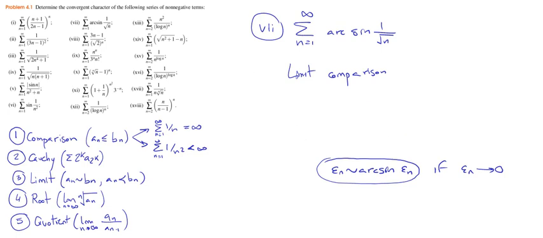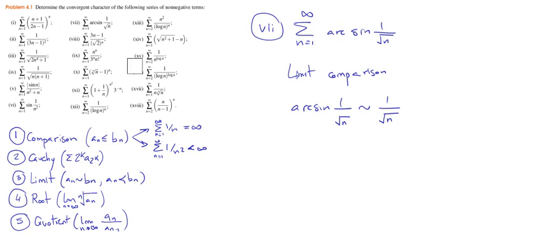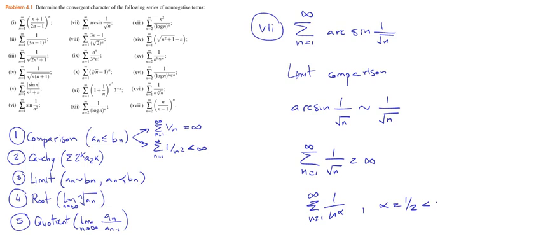Here, the arc sine of 1 over the square root of n is asymptotically equivalent to 1 over the square root of n. But we know that the sum from n equals 1 to infinity of 1 over the square root of n is divergent, because this is 1 over n to the alpha, but alpha is 1/2, which is smaller than 1.